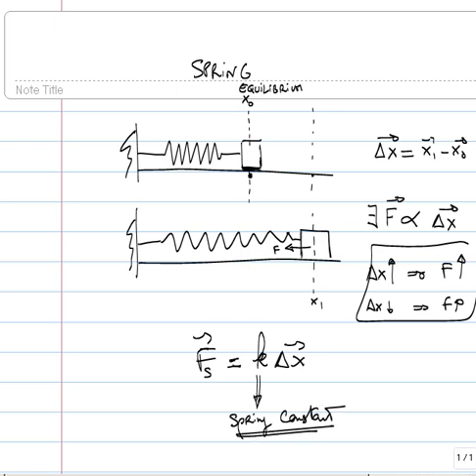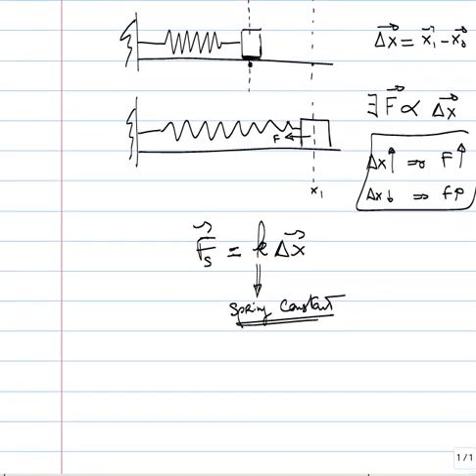The spring constant is just a number that represents how stiff the spring is. So the harder it is to stretch a spring, the higher k will be. The easier it is to stretch a spring, the lower this number will be. This number comes directly from experiment, and it represents the stiffness of the spring.